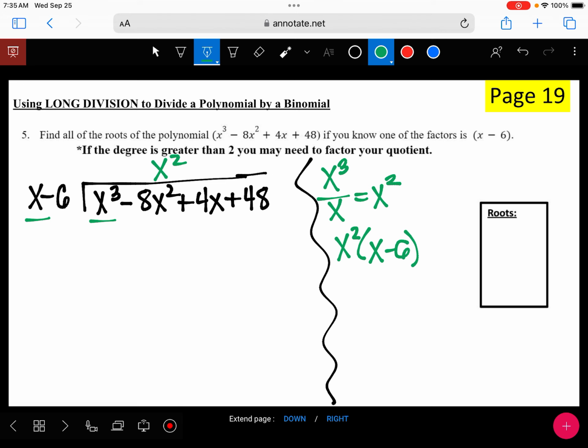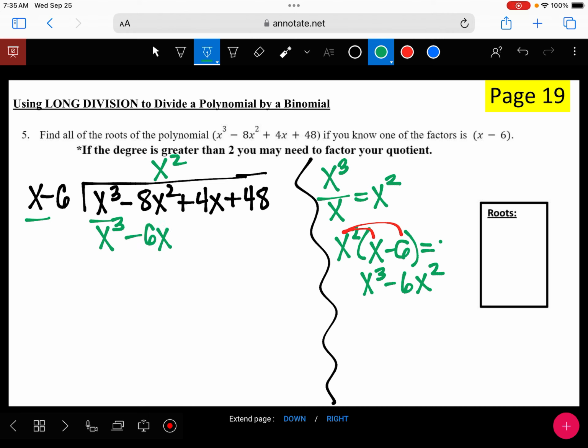So we're going to take the X squared and multiply that by X minus 6. Go ahead and distribute. And that gives you X cubed minus 6X squared. We're going to slide that over.